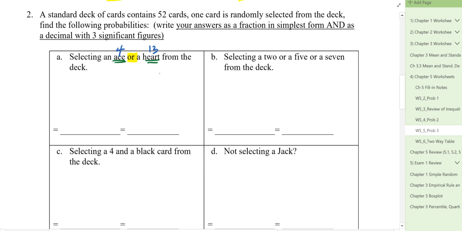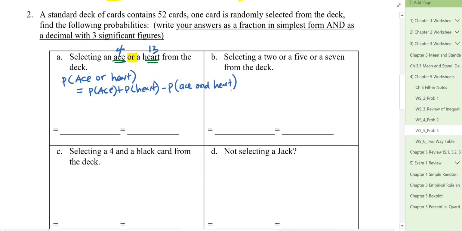So to find the "or," add the probabilities minus the overlap. I say P of ace or heart is equal to P of ace plus P of heart minus P of ace and heart, which is only one card, the ace of hearts.